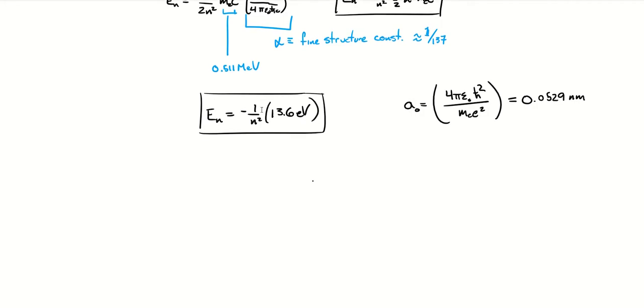Written in terms of that, the energy levels of the hydrogen atom are negative 1 over 2 n squared times 1 over 4 pi epsilon naught, a naught squared over e squared. So you may have also seen the energy levels written that way.